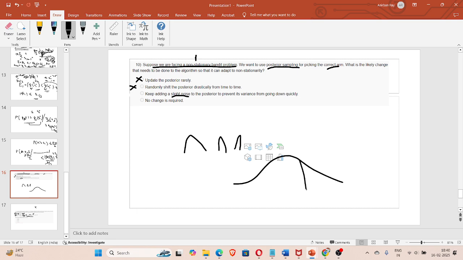First I sample and get this reward. Next I get a reward here. Next I get a reward here. The probability is higher here, so if I sample, suppose, 10,000 times, most of the samples will be here, and some samples will be here. The sample value represents the reward, how much reward is given.